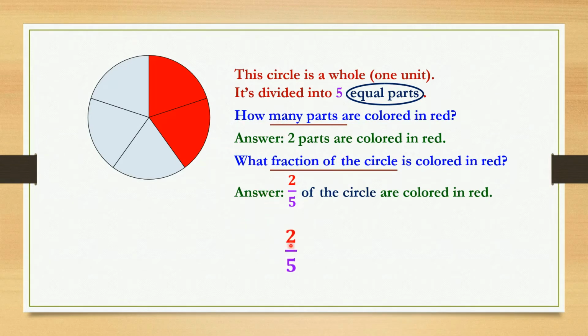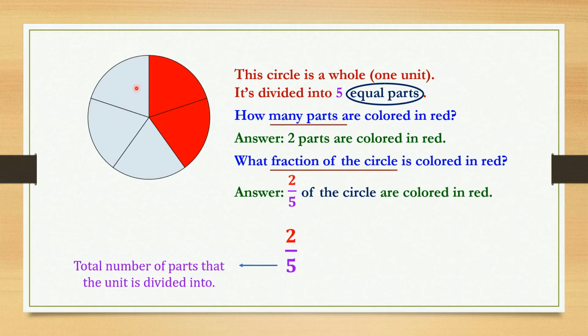Now let's learn what each of these two numbers represents in this fraction 2 over 5. Here, the number below, the 5, is in fact the total number of parts that the unit is divided into. Here, the unit is a circle.